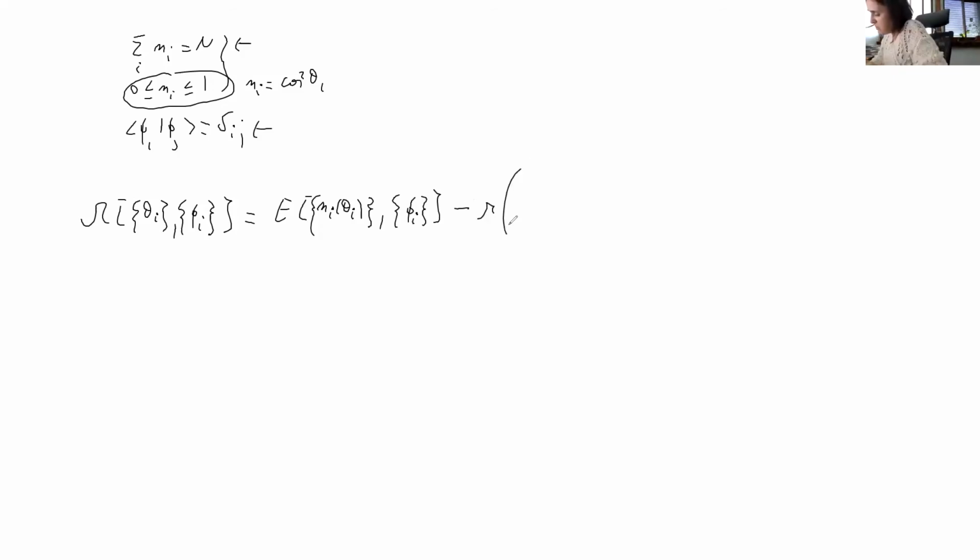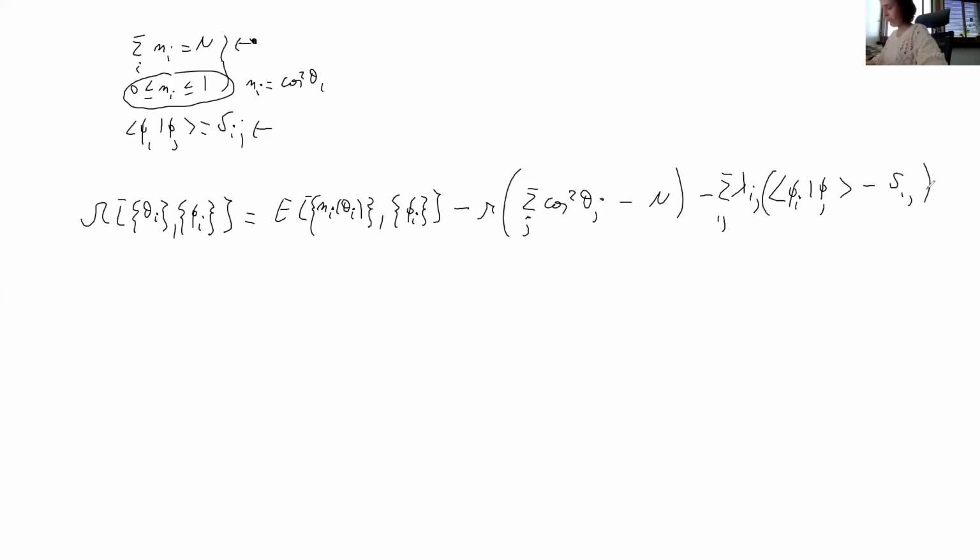The first constraint is the one over the number of electrons, minus N. And then we have the constraints over the eigenfunctions, with multipliers lambda_ij, which multiply the overlap of phi_i and phi_j minus delta_ij.